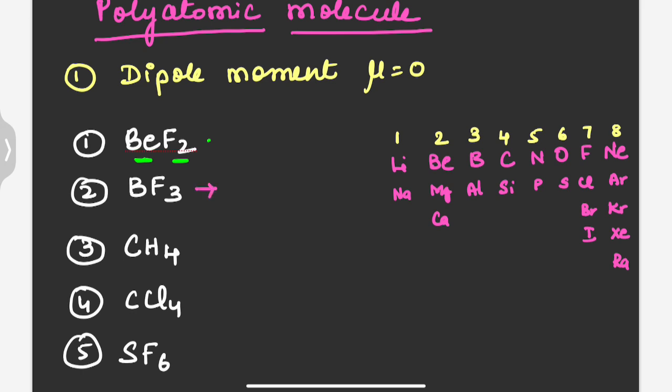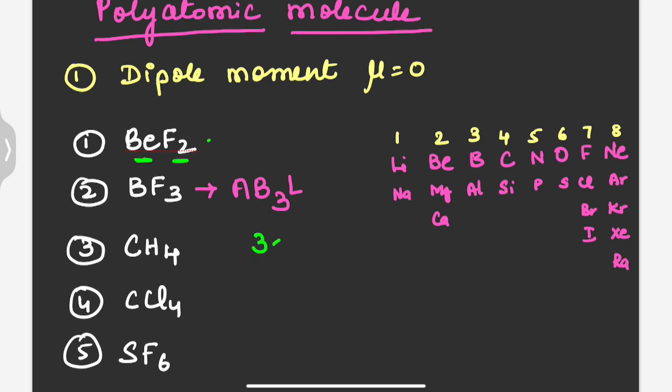For the second one, the central atom is A. How many bonded atoms are present? There are 3 bonded atoms. So this is the central atom and these are the bonded atoms. How many lone pairs are present? Let us see using the trick. Here, how many valence electrons does boron have? Boron has 3 valence electrons.